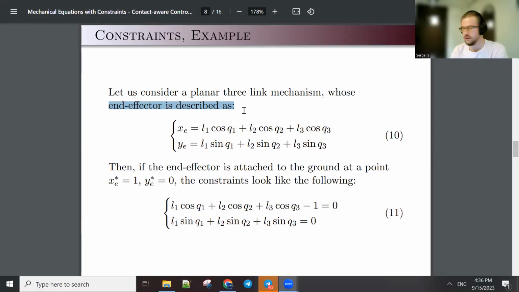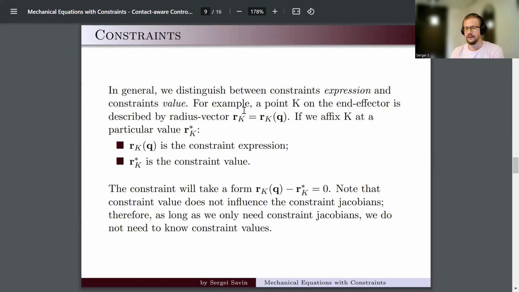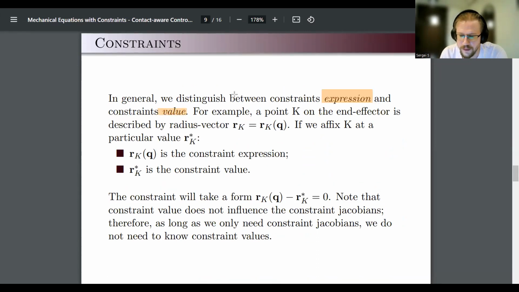Okay. Now, in general, it is important for us to distinguish between a constraint expression and a constraint value. For example, if the k is an effector and is described by a radius vector rk equals rk of q, this rk of q is a constraint expression.